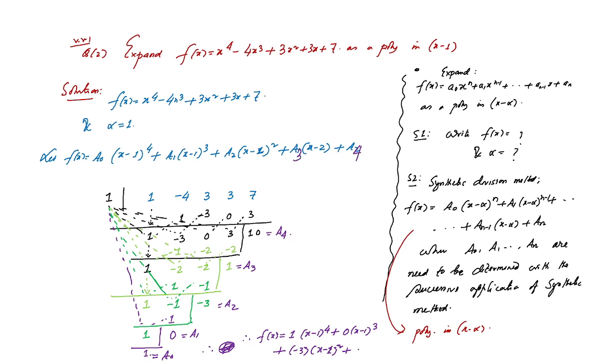So A3 into (x minus 1), that will be x minus 1.